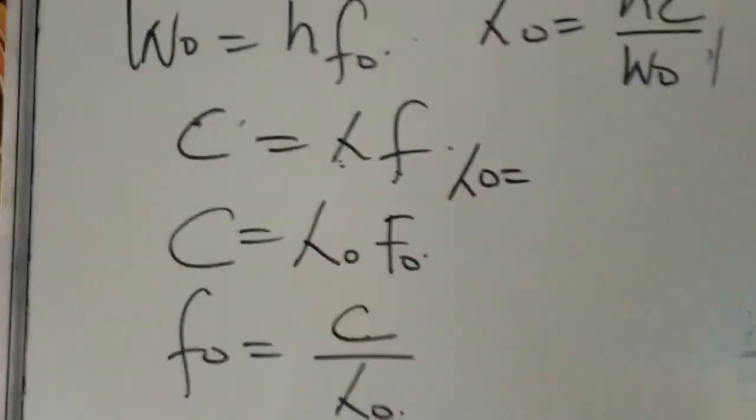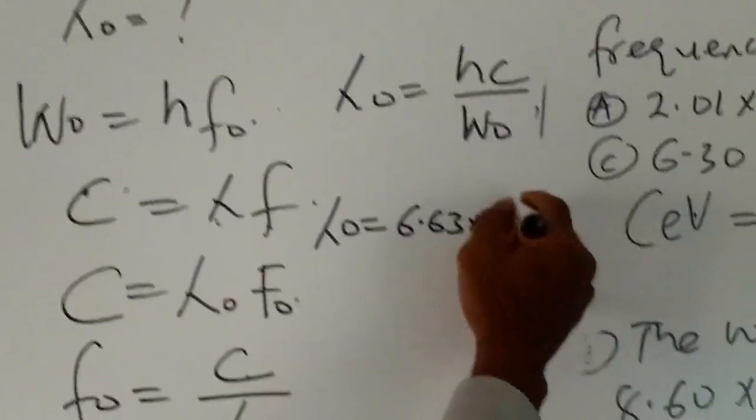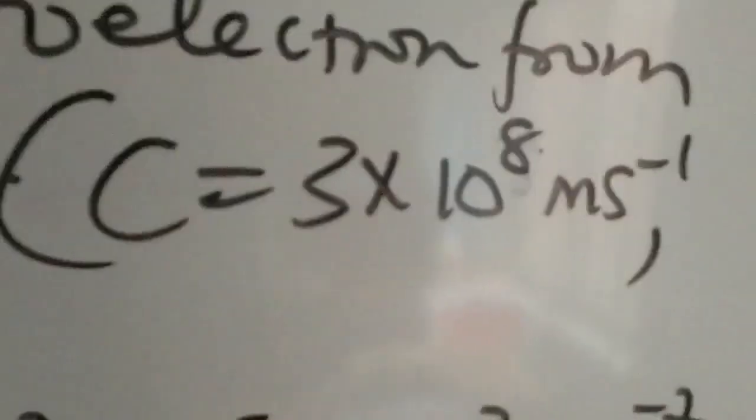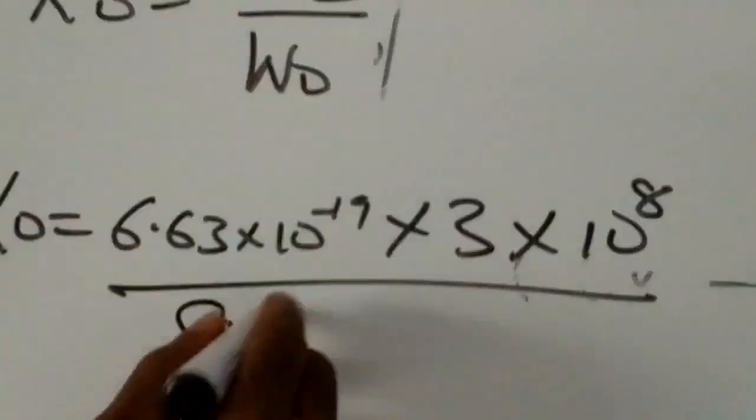Our Planck constant is 6.63 × 10^-34, and the speed of radiation is given as 3 × 10^8, all over the work function, which is already in joules, 8.6 × 10^-19.